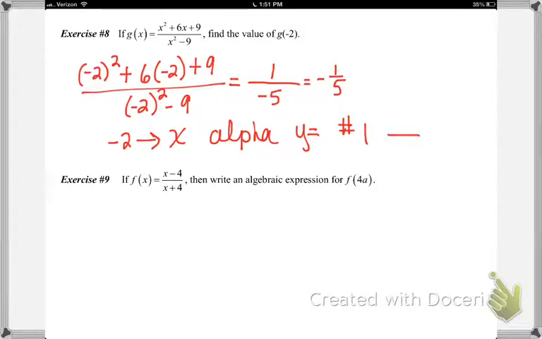In your numerator, you're going to enter x squared plus 6x plus 9 and you're going to arrow down and enter x squared minus 9.